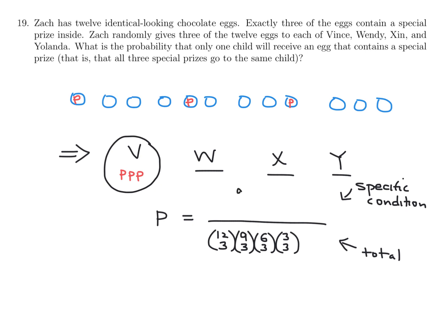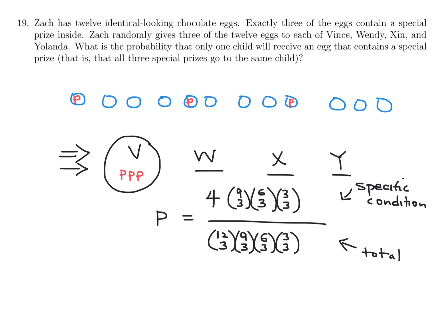From the remaining 9, you choose 3 to go to Wendy, and then from the remaining 6, you choose 3, and then from the remaining 3, you choose the final 3. But the important thing to remember is this can be done in 4 ways. This is just one of the 4 ways. We could have also assigned all 3 to W or X or Y. So we've got to put a 4 out here.